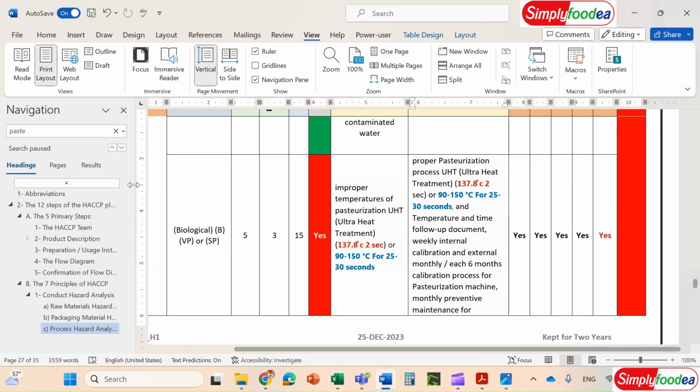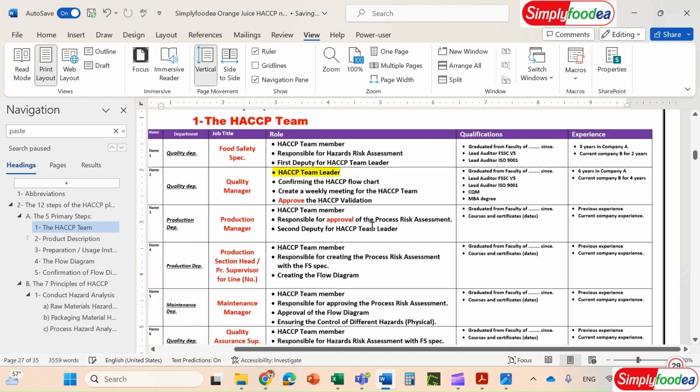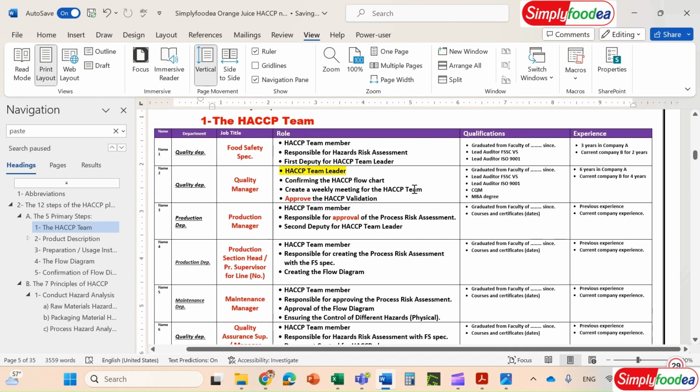Again, this is a very important thing, the HACCP team. Remember, the HACCP process is not the responsibility of only one person. There are many jobs dedicated to having a committee and a meeting of the HACCP team, not just the food safety team or the quality team.